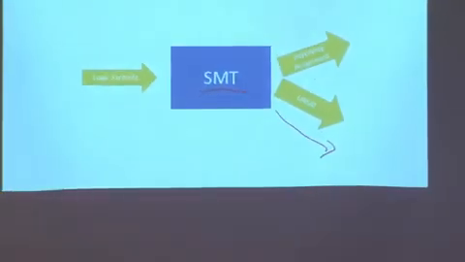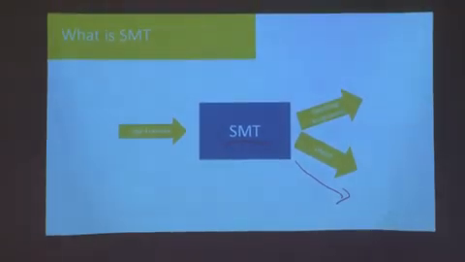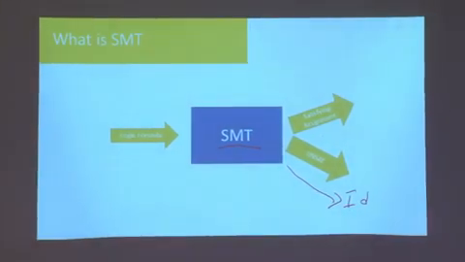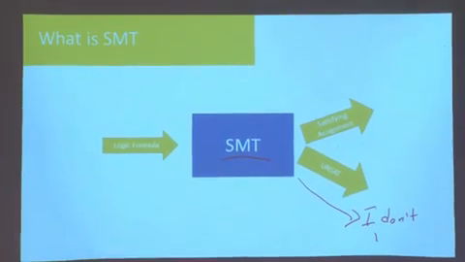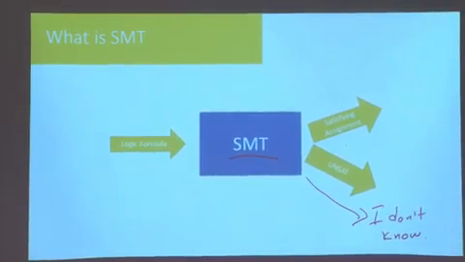And part of the answer is that for a lot of these solvers, there is a third thing that they can tell you, which is, I don't know. And so part of the beauty of these solvers is that for practical problems, even for very, very large and complicated practical problems, they are still able to do better than simply telling you, I don't know.